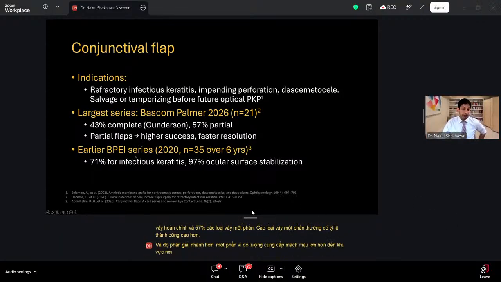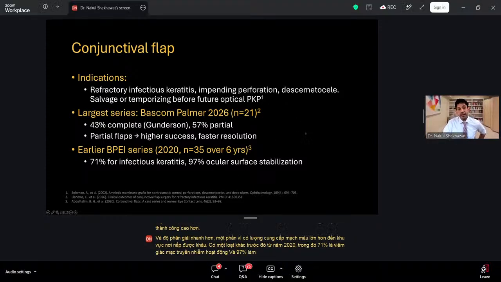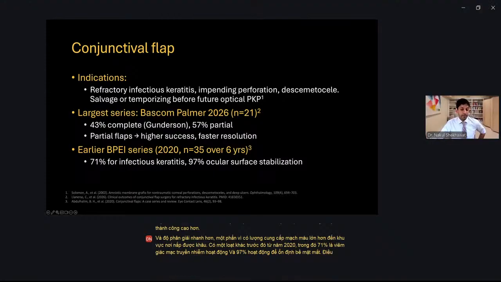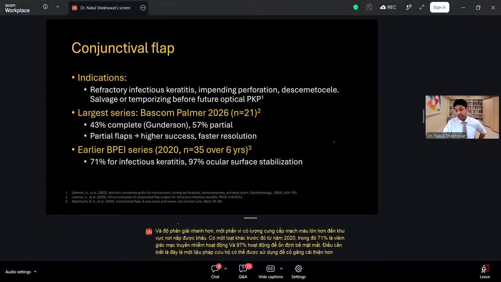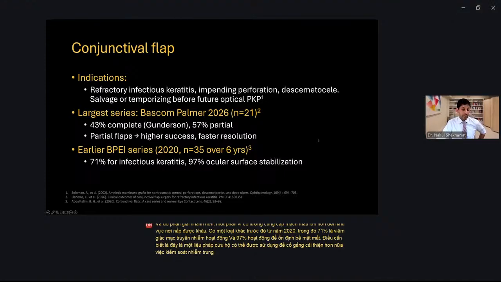There's another earlier series from 2020 where 71% were for active infectious keratitis and 97% were for ocular surface stabilization. The thing to know is that this is a salvage therapy that can be used to try to further improve infection control and stabilize the situation. And again, live to fight another day so that you can do optical rehabilitation later after a flap takedown.